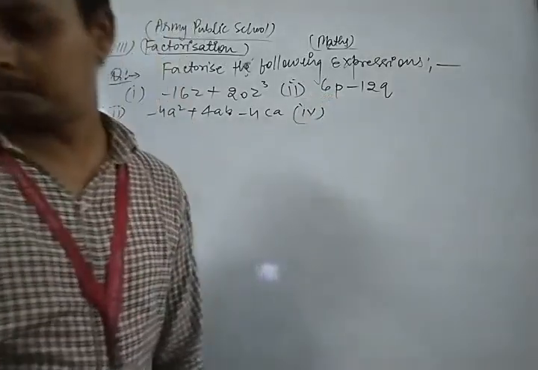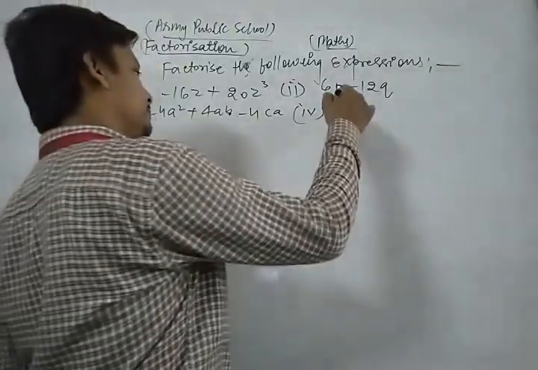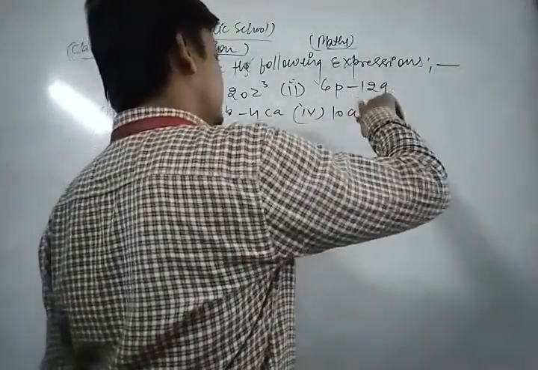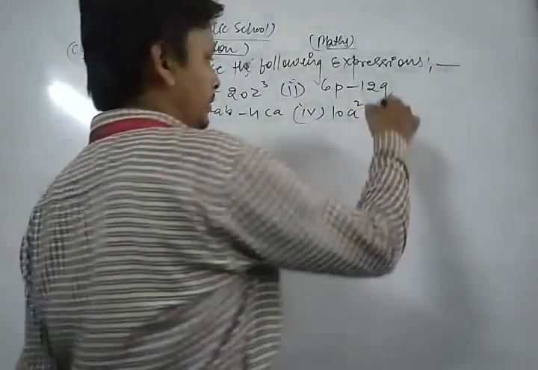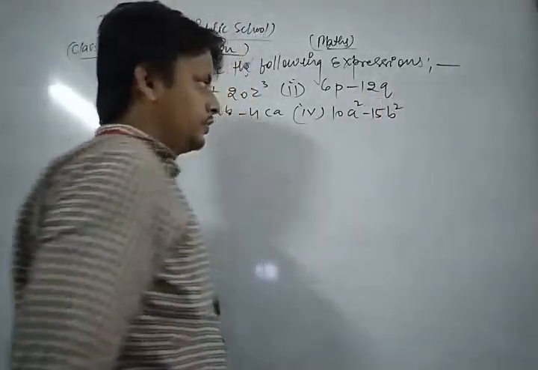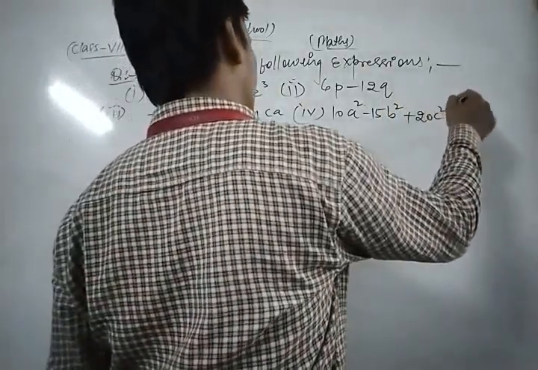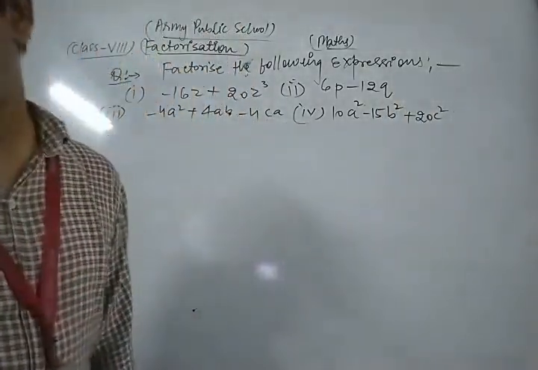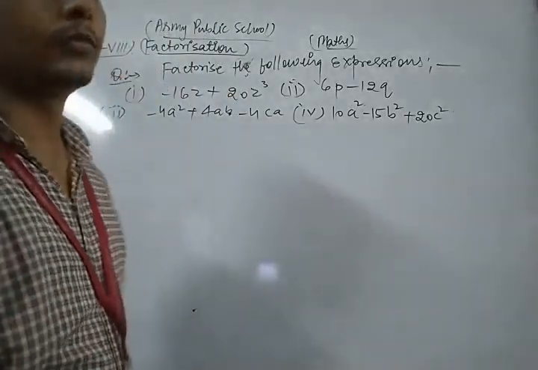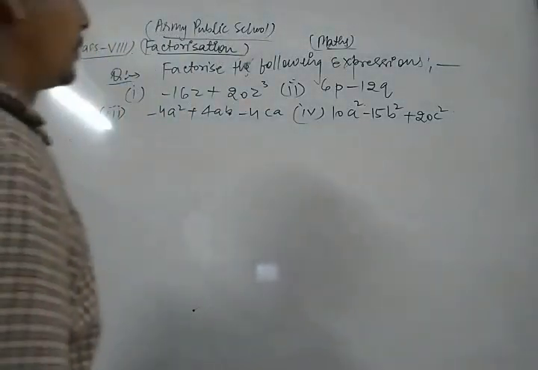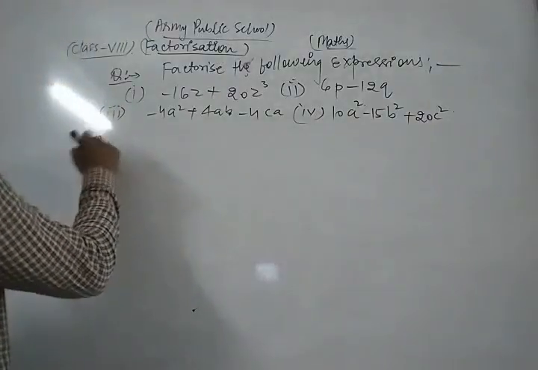Fourth, 10a square minus 15b square plus 20c square. This is the question here. Okay. Now we take one by one and simplify them.